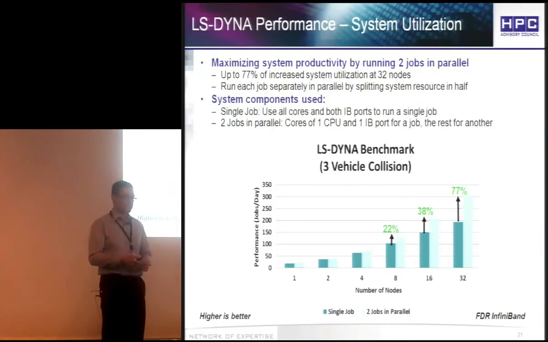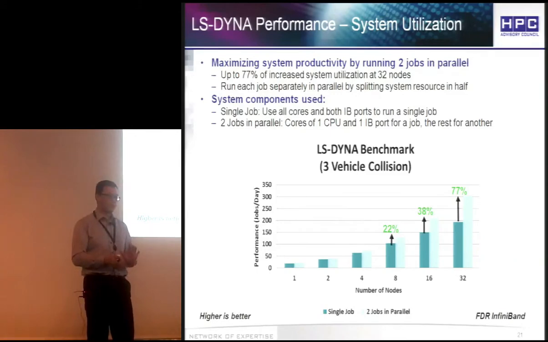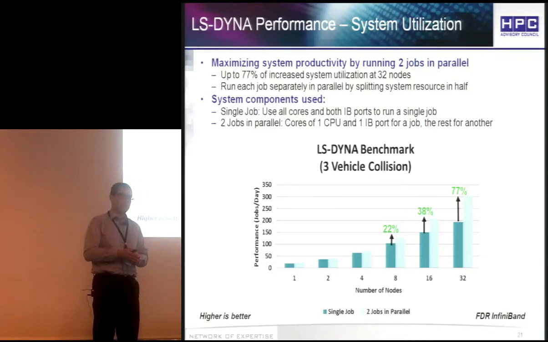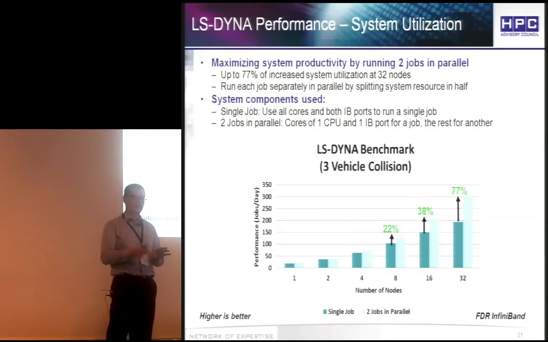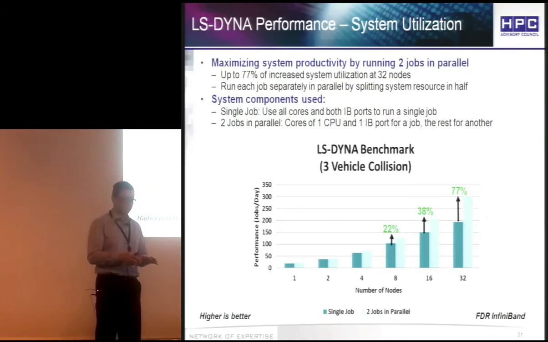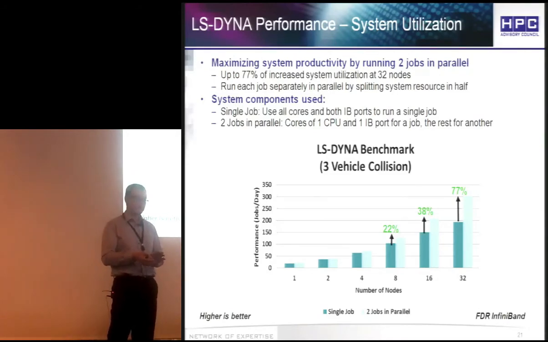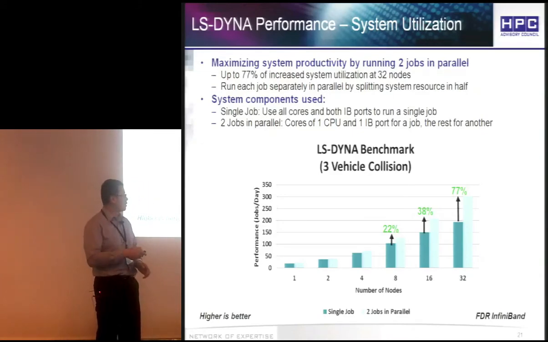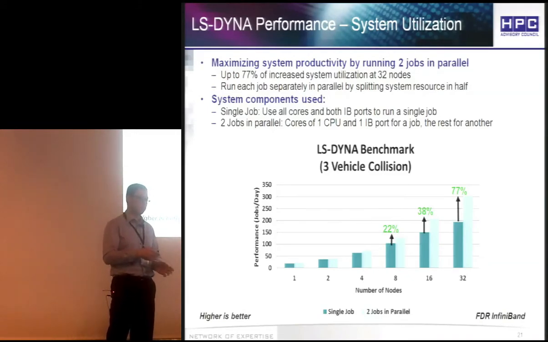And this is one of the observations that I see from running 2 jobs at the same time. I don't mean just running 2 jobs at the same time, but running jobs that are actually using the same set of computation resources. Take this example: at a 32 node case, I have 1 job running on all 32 nodes and using all the cores on those 32 nodes, and this is the performance I get.